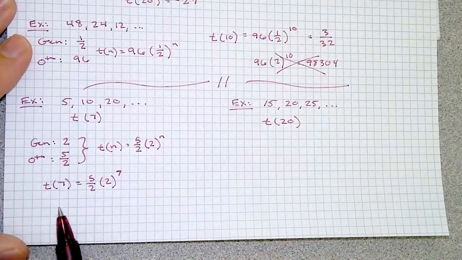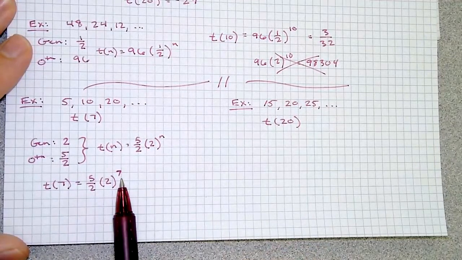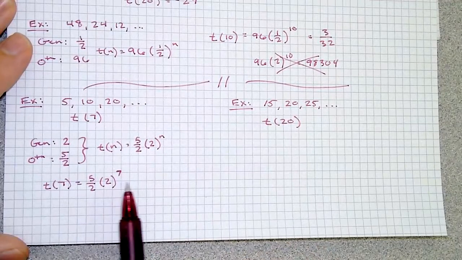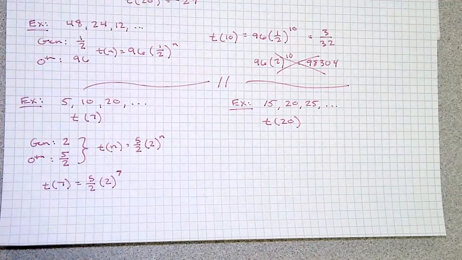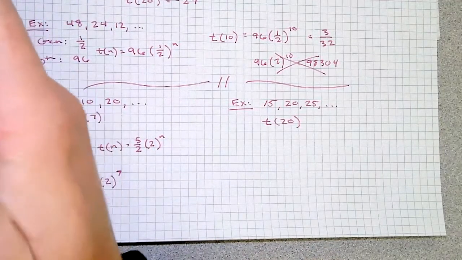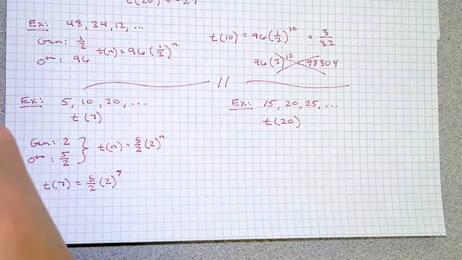So to find the 7th term, we plug it into this equation here. Now again, similar to the rebound ratio, how we type this into a calculator is a big deal.